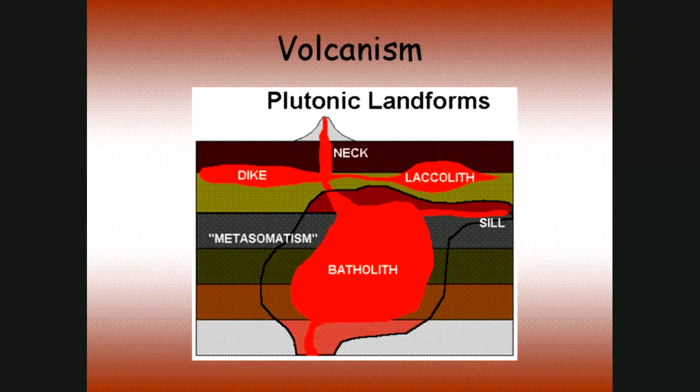It would be called a lake of rock, or in Latin, that is laccolith. And that's how a laccolith got its name. It's a pretty large impoundment of magma, but in comparison to a batholith, which is a sea of rock, it's only a lake.